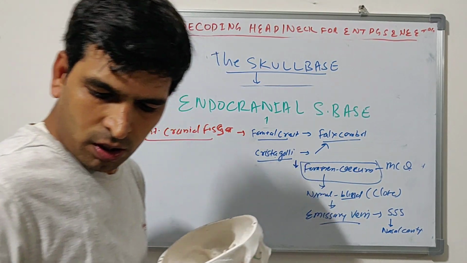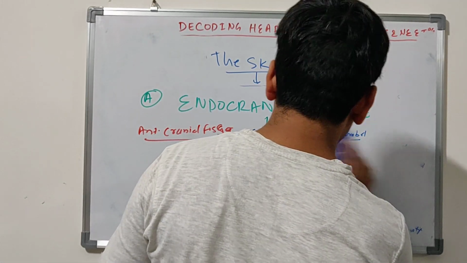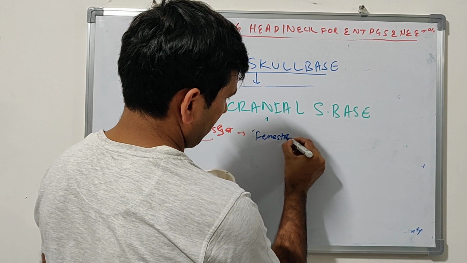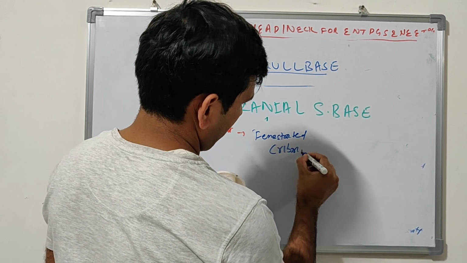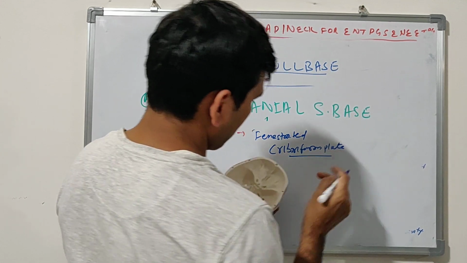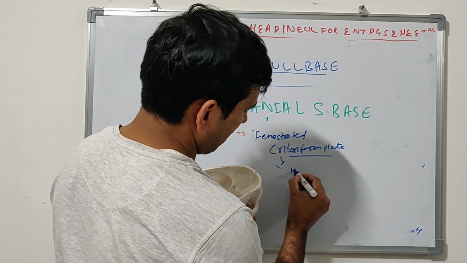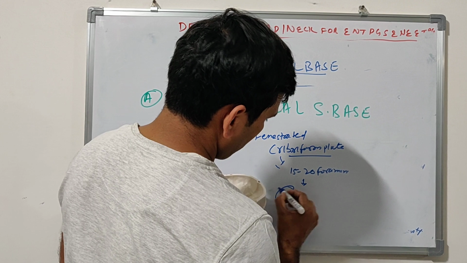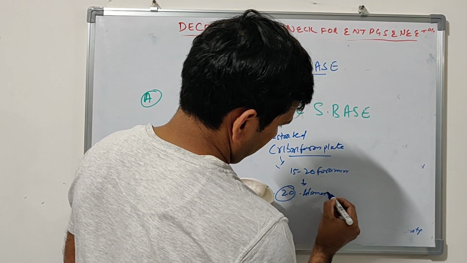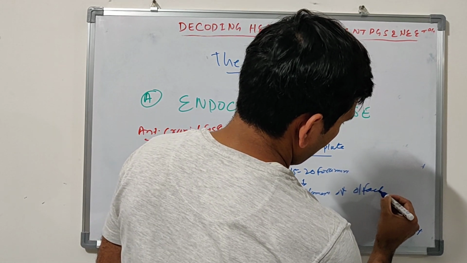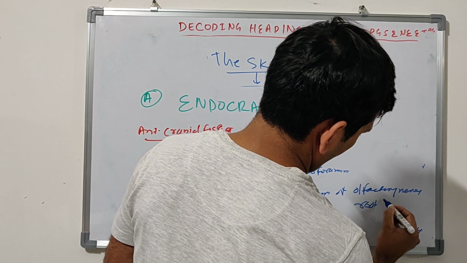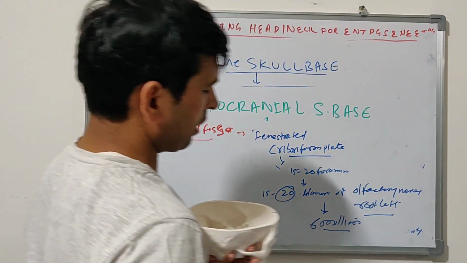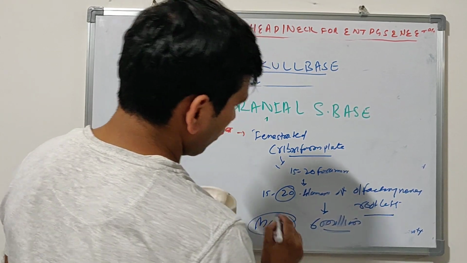This is called the cribriform plate, which is fenestrated, having multiple foramina, mostly 15 to 20, which transmit 15 to 20 filaments of the first nerve, the olfactory nerve roots. The total number of neurons may be 6 to 7 million, but for MCQs it is 6 million.